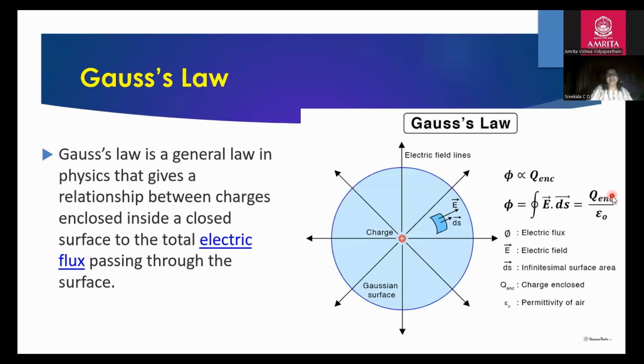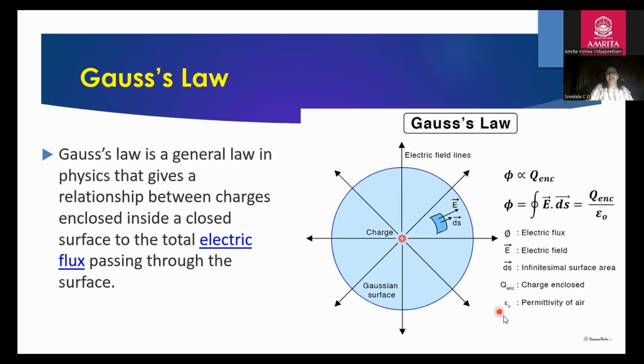This is the statement of Gauss law. The total electric flux through a closed Gaussian surface is equal to 1 by epsilon 0 times the charge enclosed.